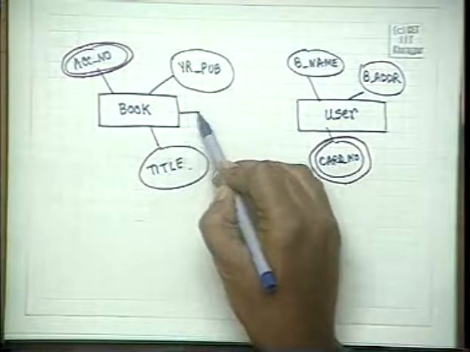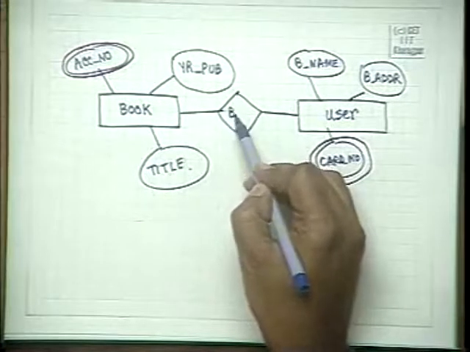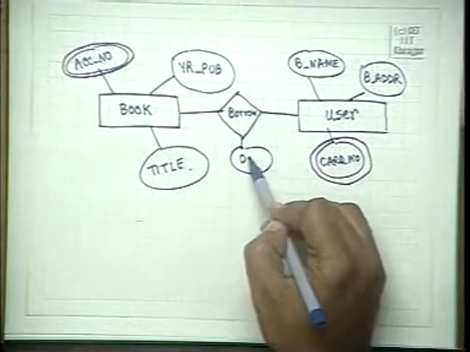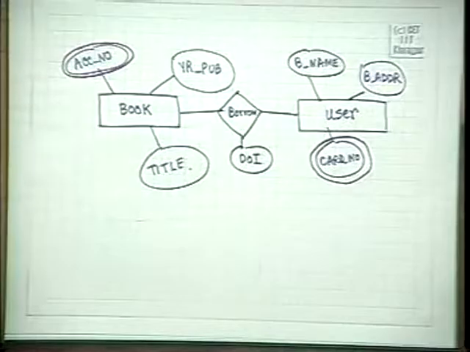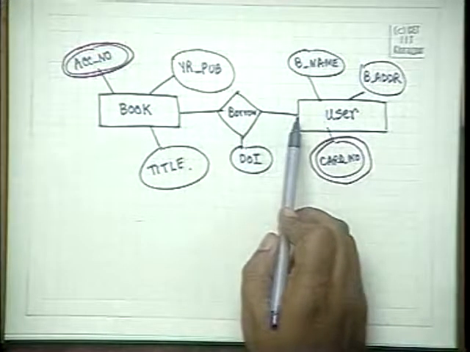And we had the relationship borrowed by borrow, which had its own attribute date of issue, and the cardinality constraints could be specified by marking arrows here.